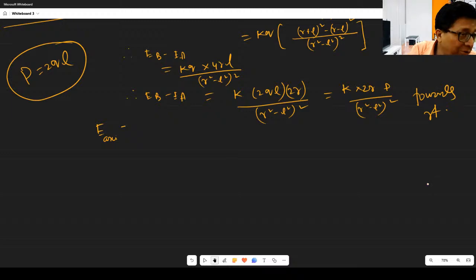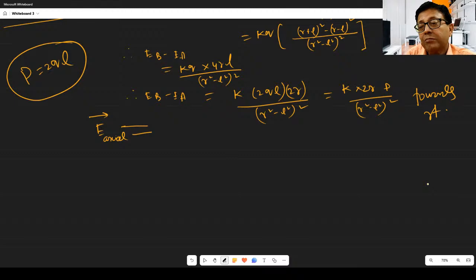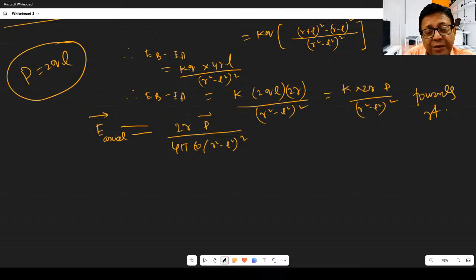So E axial. Why axial? Because it is on the axis, on the line segment joining them. E axial equal to, I put an arrow over there. This will be 1 by 4 pi epsilon 0, and in the numerator we are writing 2RP.